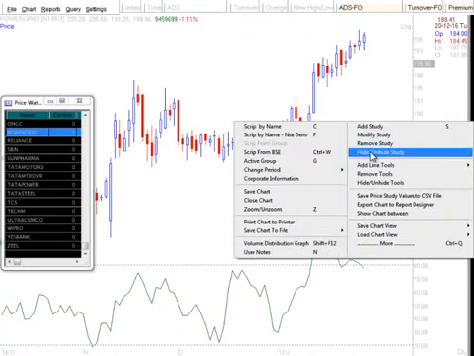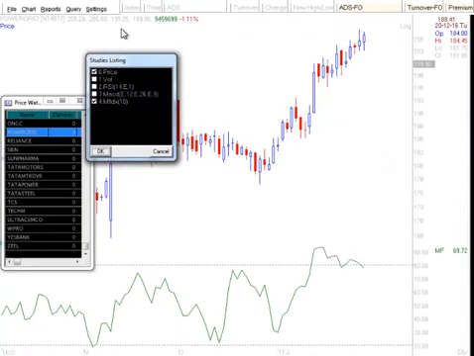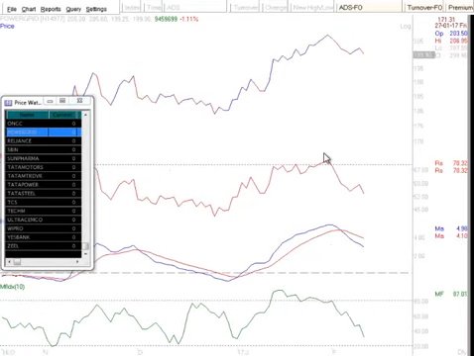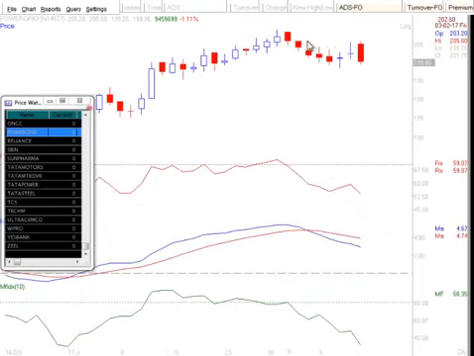So your thought process should be like this. Okay, MFI is alerting me, indicating there's a worry. So I check with my other brothers. I check with RSI, the red line. Does it give me anything? No. It has given me a negative crossover, all right. Then I check with my candlesticks.